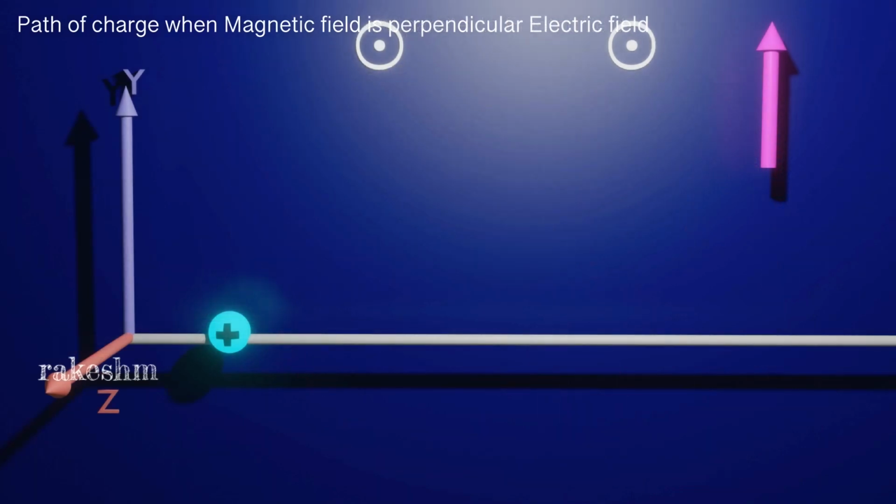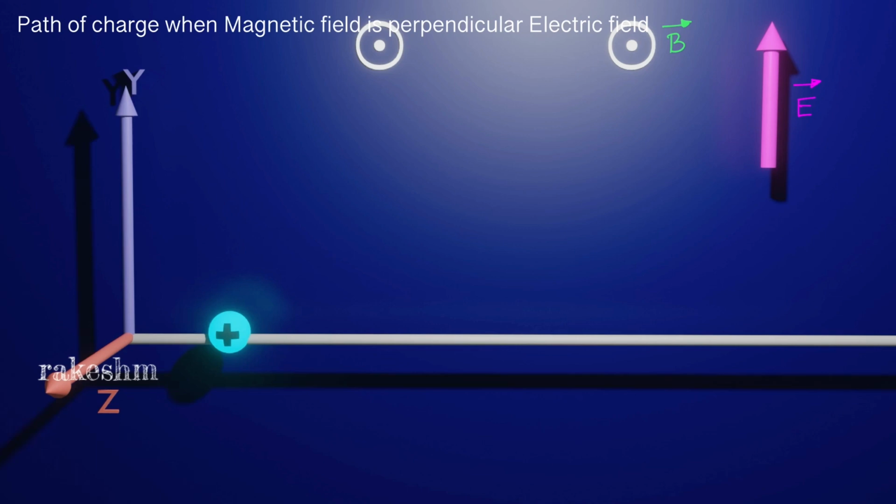Let us now look at the path of the charged particle when magnetic field is perpendicular to the electric field. The electric field vector points in the upward direction. The magnetic field vector points out of the plane of the paper. Initially, this charge is at rest.